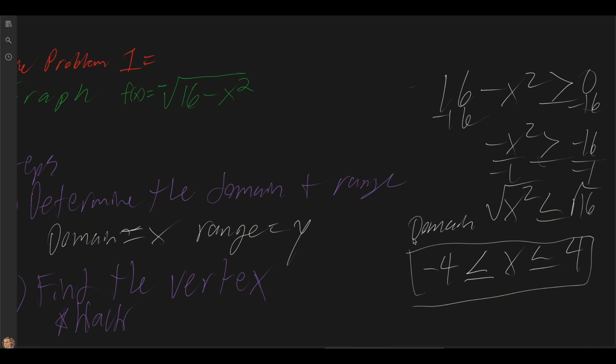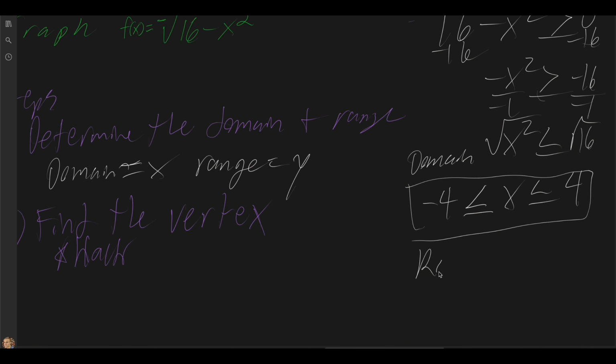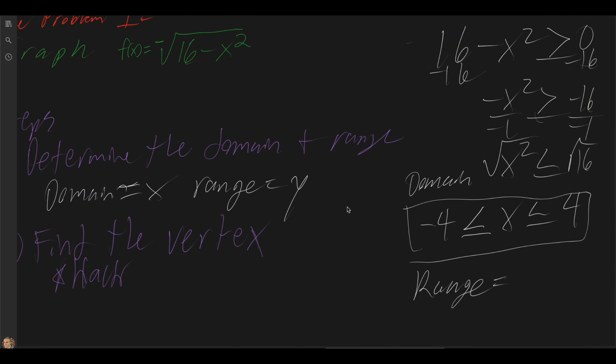Now to get the range, we have a different means to do so. Getting the range means we're focusing on the y-axis in general, of how far up and down it will go. And whenever we figure out what the range is, that's actually where the vertex is going to be located. Because in the context of our semicircle, since we do not have anything right next to the x squared, that means the y-intercept will be at 0.